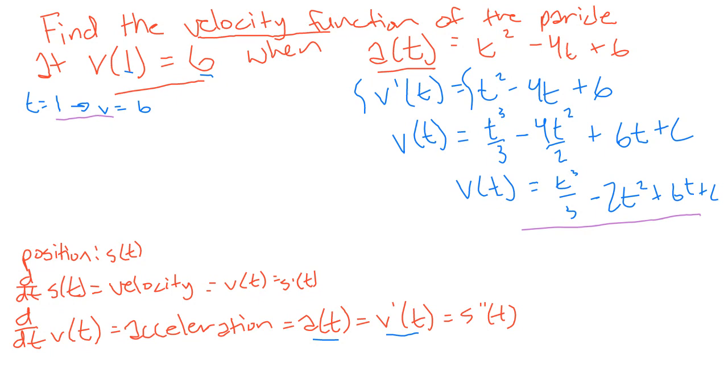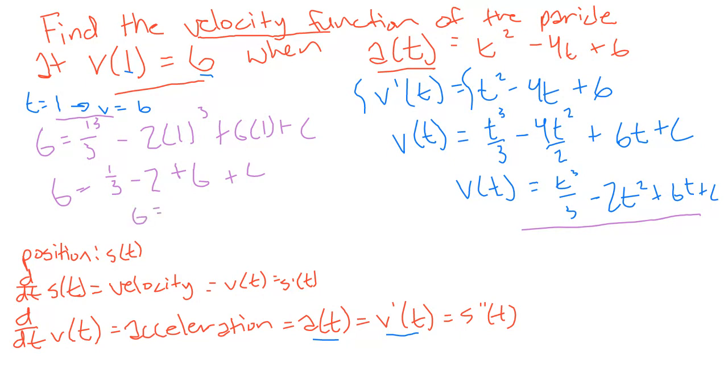We know our velocity at time equals 1 is going to be 6, equals 1 cubed over 3 minus 2 times 1 squared plus 6 times 1 plus c. So we get 6 equals 1/3 minus 2 plus 6 plus c.